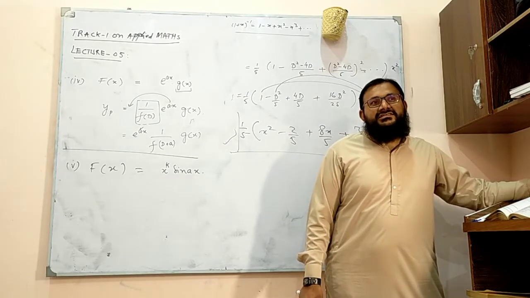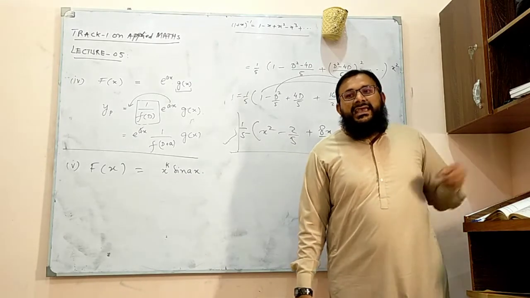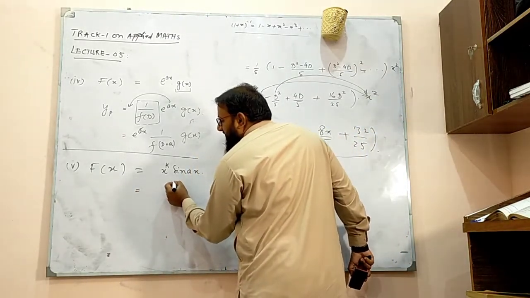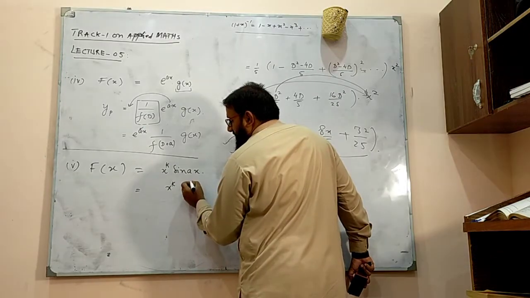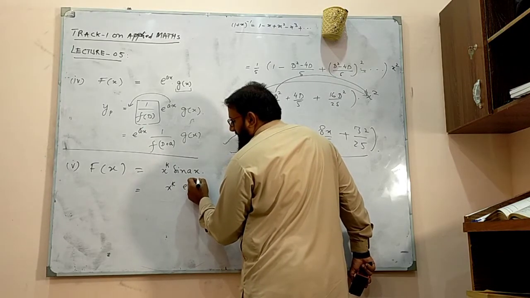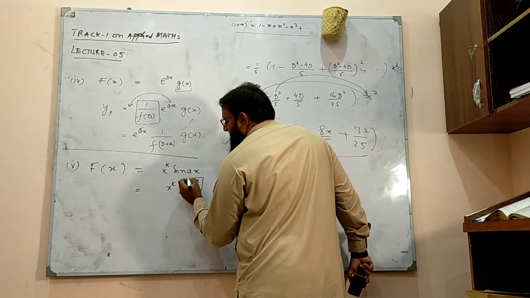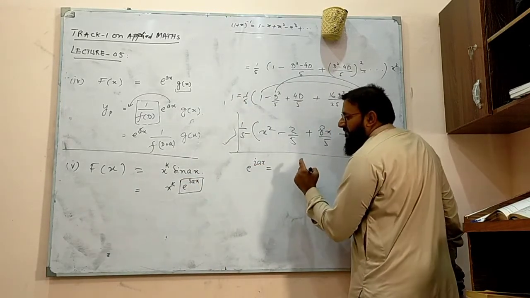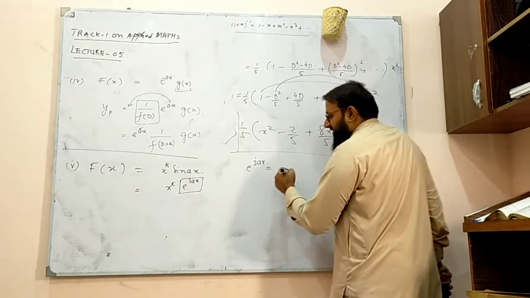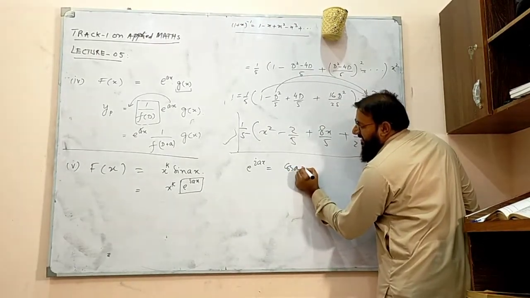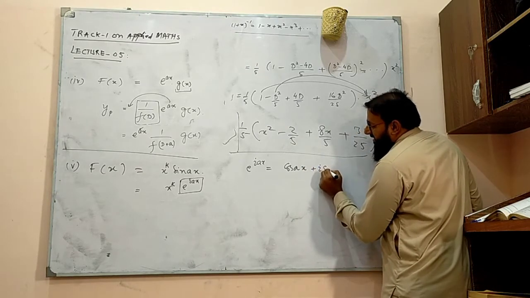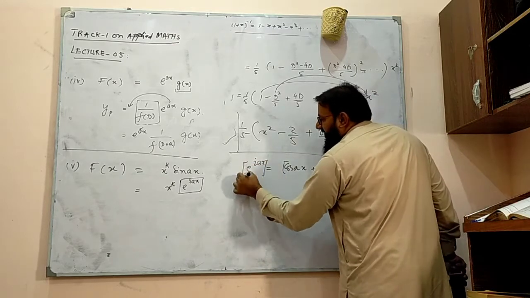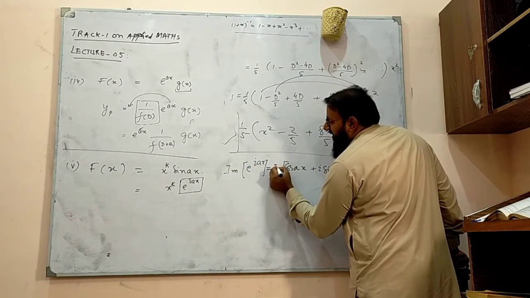When you have sin or cos multiplied by any polynomial, can you write this one in this way? What is e raised to i ax? By Euler's theorem, it is going to be cos ax plus i sin ax. What if I take the imaginary part of both sides?